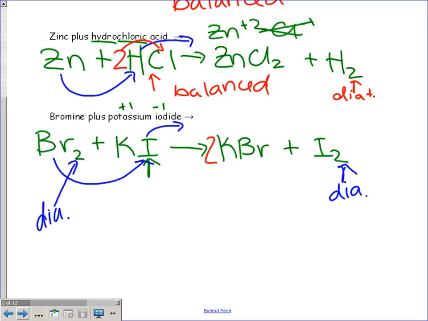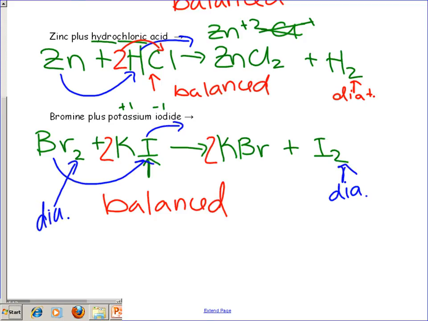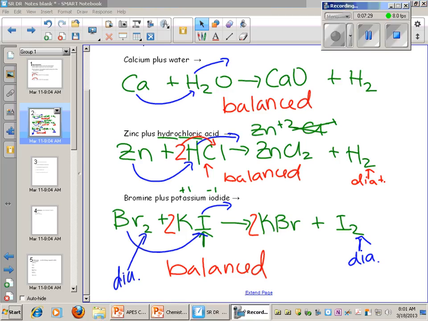I have 1 potassium on my reactant side, 2 potassiums on my product side. So I'm going to go ahead and balance that potassium. And in turn, it's actually going to balance my iodines for me. So with a 2 in front of KI and a 2 in front of KBr, I am now balanced. And that is single replacement reactions.